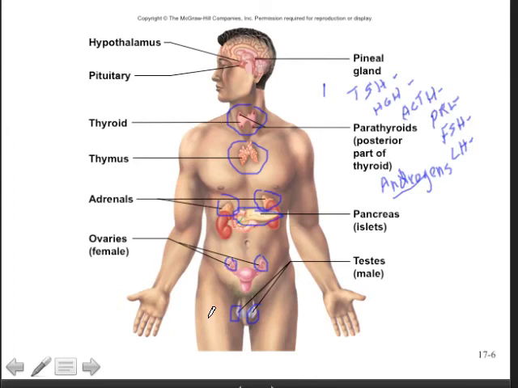It's the next organ up the command chain, and this can happen due to things like a pituitary tumor, for instance, that can overproduce thyroid stimulating hormone.